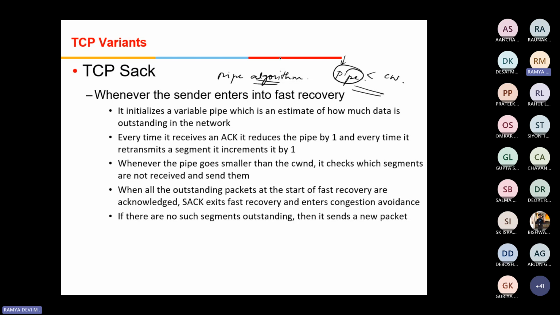So this pipe-based mechanism combines selective acknowledgement blocks and allows TCP SACK to estimate how much data is still outstanding. It can recover much faster from multiple packet losses when compared to Tahoe and Reno. So it uses this pipe for estimating that information, right?